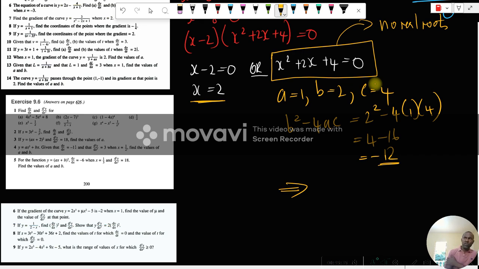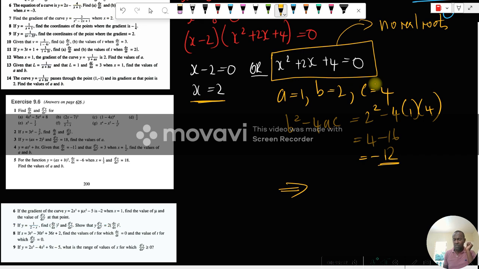When the discriminant of a quadratic is negative, what does that say about the quadratic? This is something you should know. You do it in both regular CSEC maths and add maths.